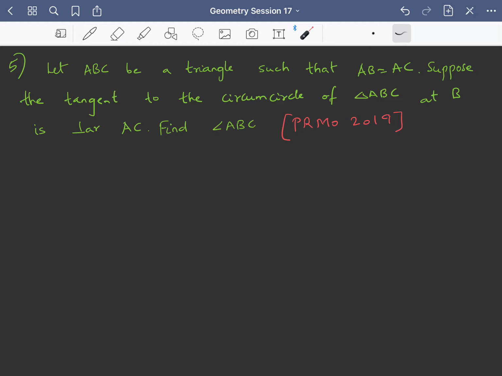Yes, so there is a problem from PRMO 2019. So I'll dictate the problem, copy down the problem. Let ABC be a triangle such that AB is equal to AC.